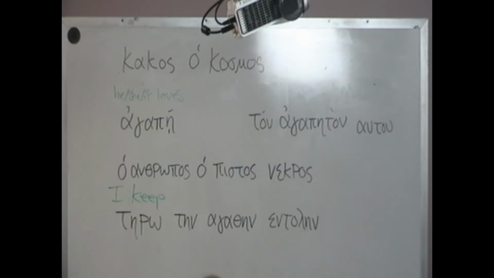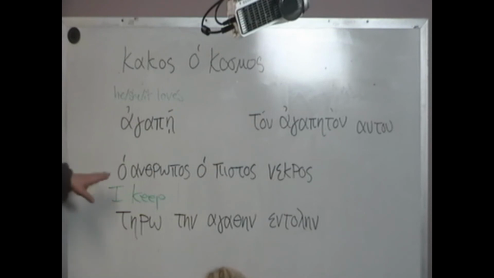Commandment. Yep. So it is, I keep the good commandment. The reason is because the adjective has an article. Because the adjective has an article, it's attributive. The good commandment. They're accusative, so they are the direct object. I keep the good commandment.